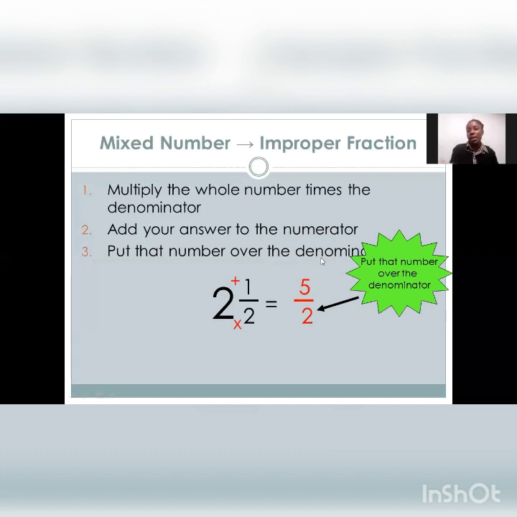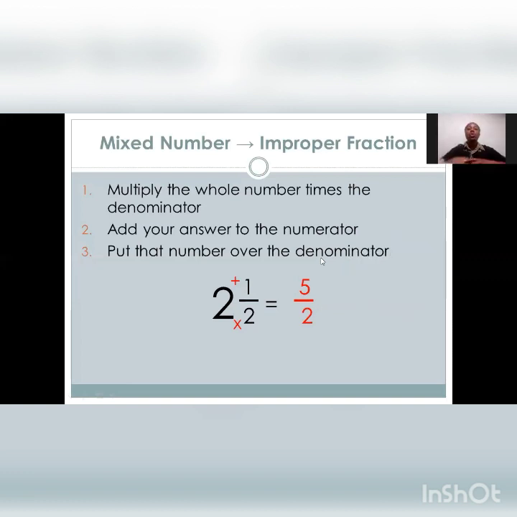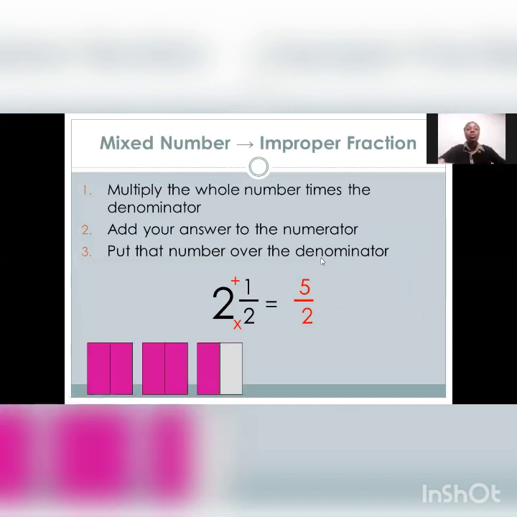So we just made a mixed number mad. We multiplied the denominator and the whole number. We added the answer to the numerator, and we put the number over the denominator. So 2 and 1/2 is equal to 5 over 2. We can also see that from our shapes here.